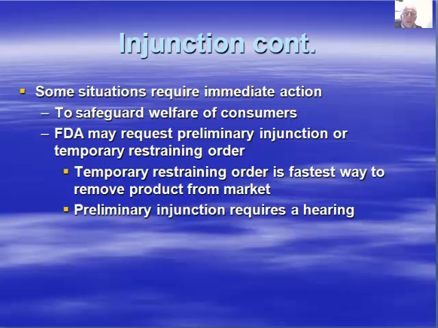For a preliminary injunction, you actually have to have a court hearing, and it will take a little longer to get a preliminary injunction than to get a temporary restraining order. So if that product is one where there are concerns, say for something like Salmonella or E. coli O157 being the issue, perhaps even the fact that it has an unlabeled allergen such as peanuts, they may get a temporary restraining order just to make sure that that product doesn't get out to the consumer.